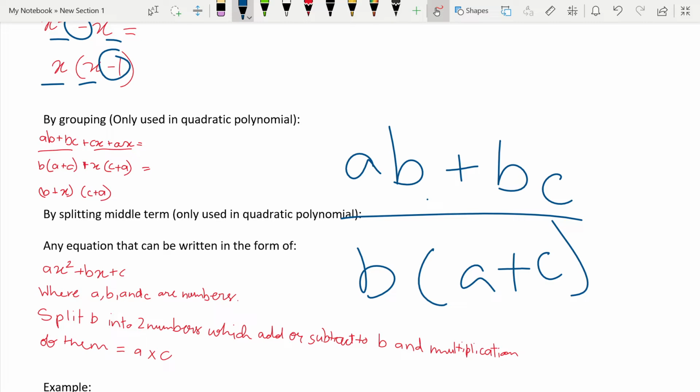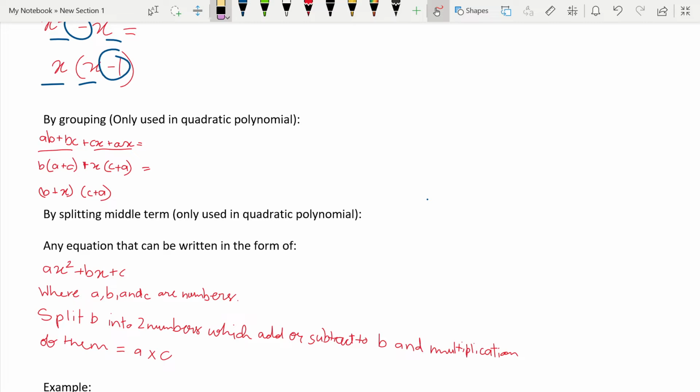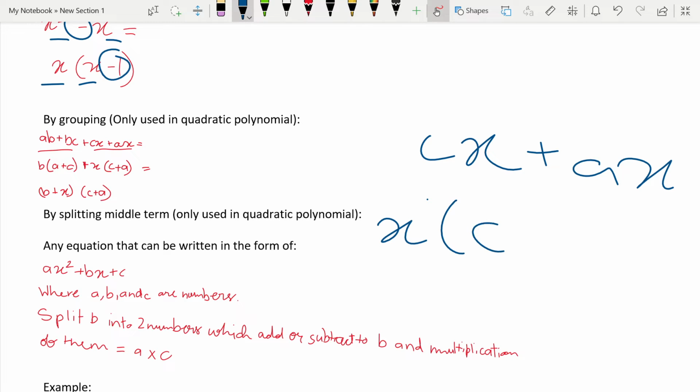Then let's look for the next one. cx plus ax. What have we got in common? We've got x, we've got c plus a in the brackets. Then we've got c plus a in both of them, so we're going to take that as the common, and we've got b plus x remaining. So what are our two factors? b plus x and c plus a. Okay?